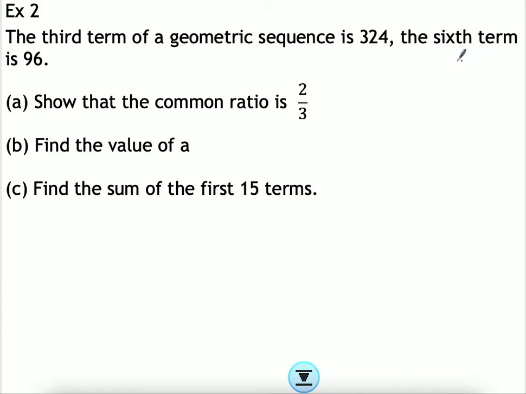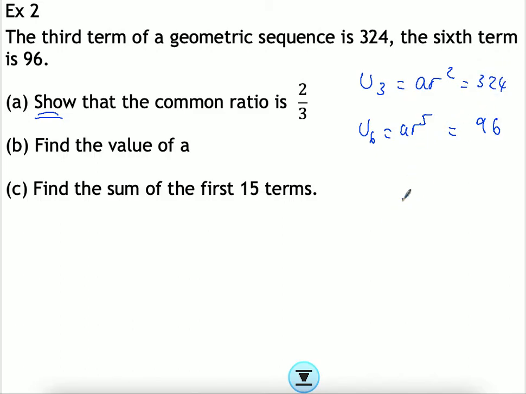The third term of a geometric sequence is 324, the sixth term is 96. Show that the common ratio is 2/3. Now, show means you have to show, it means you can't use the answer. So U3 is AR squared. The sixth term, U6, is AR to the power of 5, that is 96.